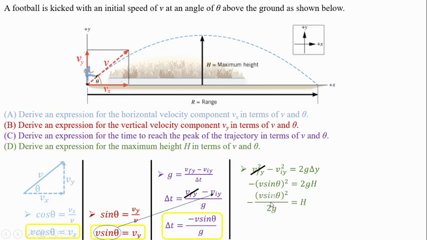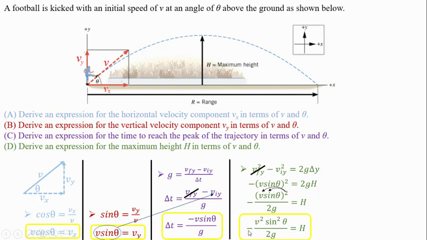I'm just going to distribute the exponent to both the v and the theta. And then I'm also going to go ahead and move the 2g down in the denominator because I'm trying to isolate for h. Okay, so a little algebra step here, a little distribution, and then voila. v squared sine squared theta all over 2g, and that is our expression for h max.